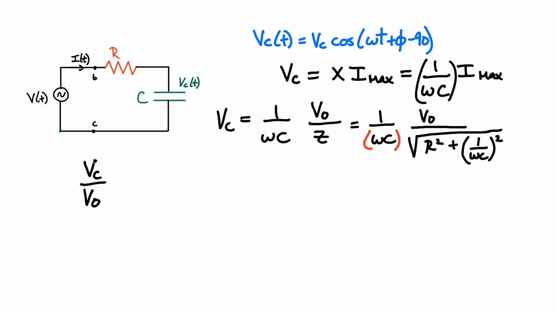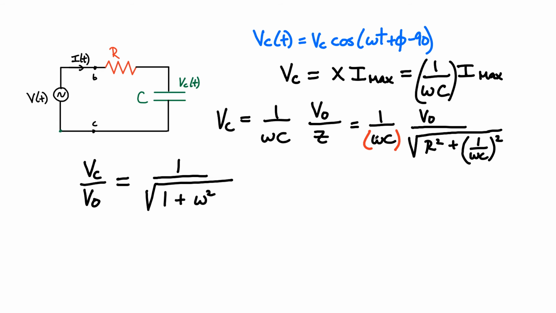So the amplitude across the capacitor with respect to my driving voltage amplitude is simply going to be 1 over the square root of, if I bring in the omega C, this second term simply ends up being 1. So I'm going to write it as 1 plus, and you're still going to have this resistance squared, and that is going to look like this.